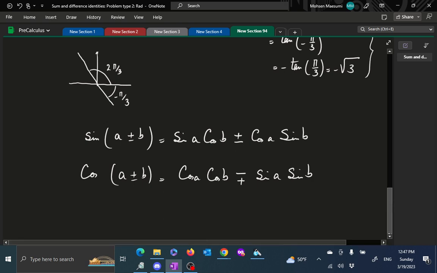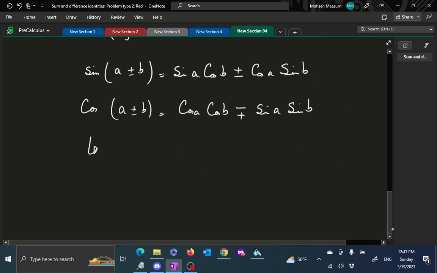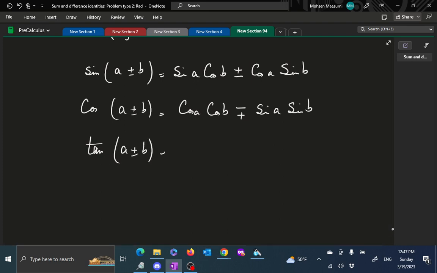And then we have a similar thing for tangent of a plus or minus b. The formula for this one is obtained by simply dividing these two formulas and simplifying, and we get the following interesting expression: tangent of a plus or minus tangent of b, and in the denominator 1 minus or plus tangent of a tangent of b.